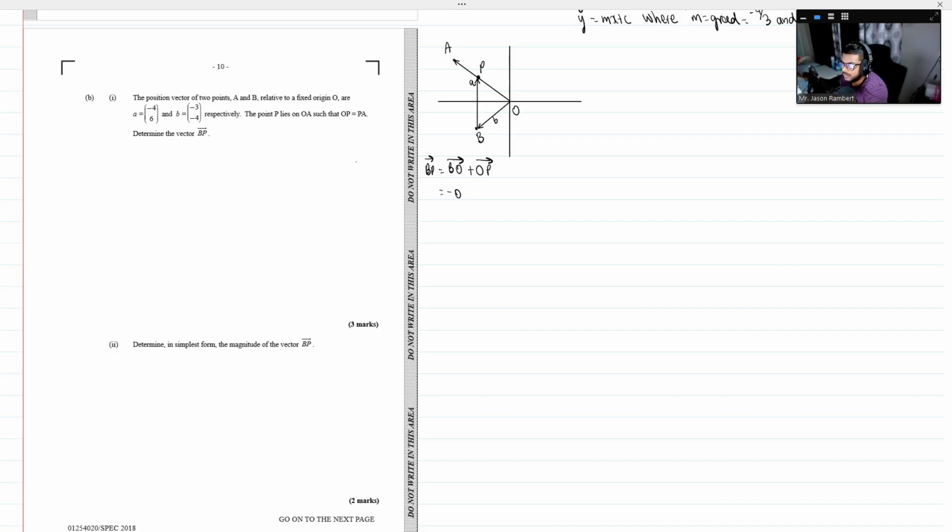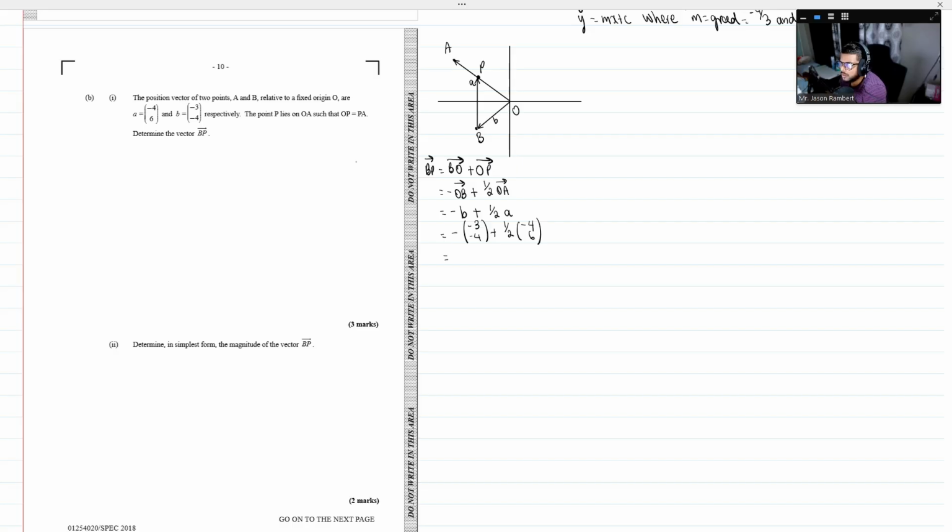BO is negative OB, plus OP is going to be a half of OA. Minus OB is going to be minus little b plus 1/2 little a. I know what little b is. Little b is minus 3, minus 4. So this is minus 3, minus 4 plus 1/2 into a, which is minus 4, 6.